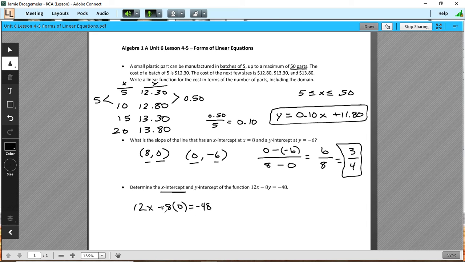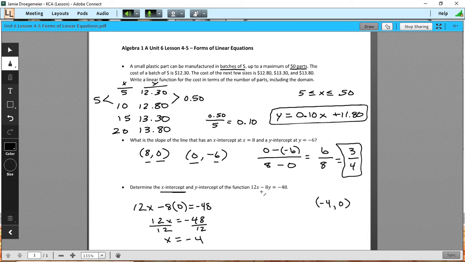Well, negative 8 times 0 is just 0, so I'm just left with 12x equals negative 48. And then to solve for x, I would divide each side by 12, and so I get that x equals negative 4. So my x-intercept is going to be negative 4, 0.